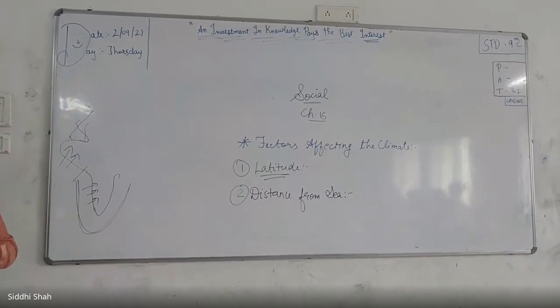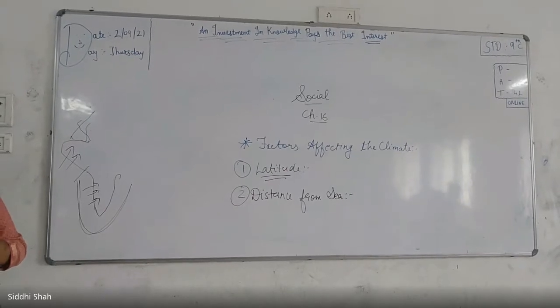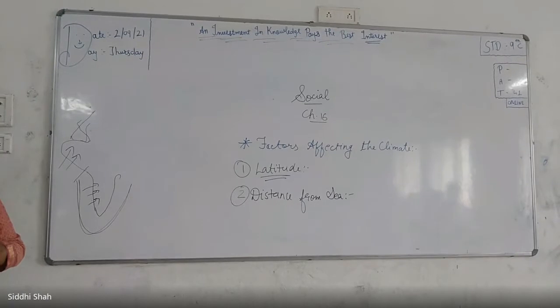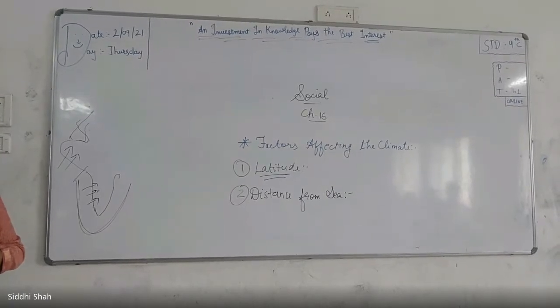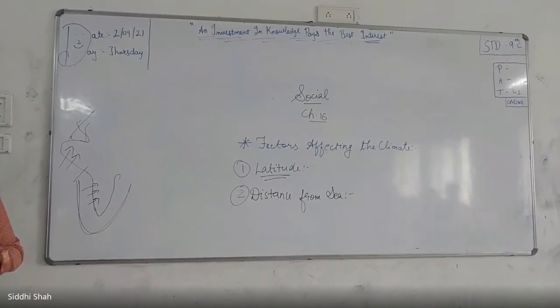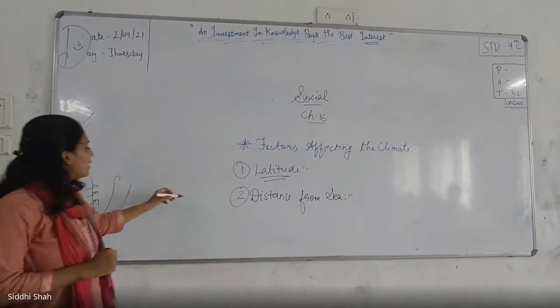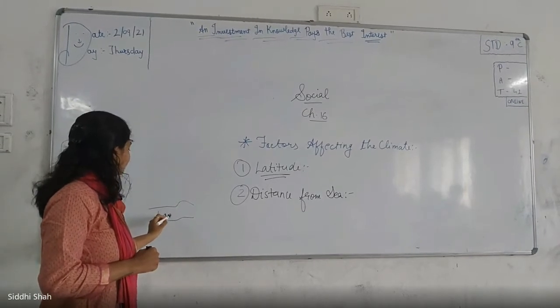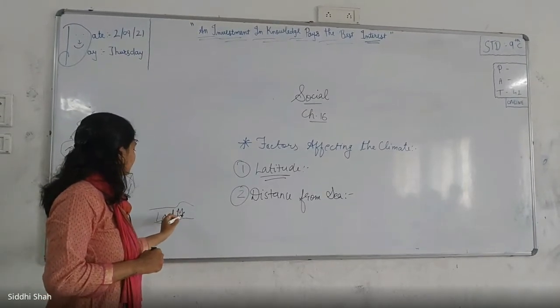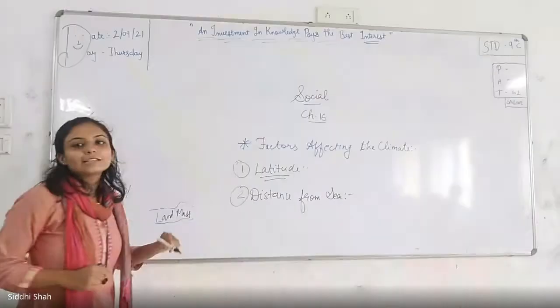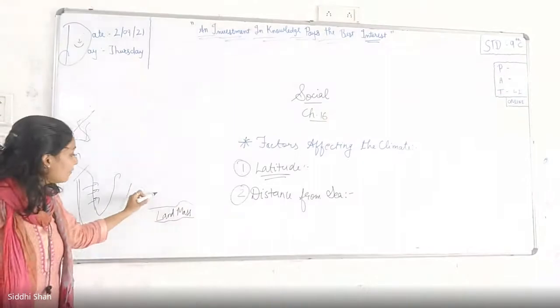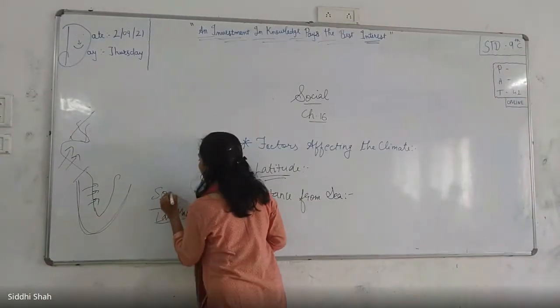So the distance of a landmass from sea is another important factor affecting the climate. Water and land have different capacity to conserve and to part with solar heat. Okay? Land mass, where there is too much of land. When there is too much of land mass, their solar heat will be more.